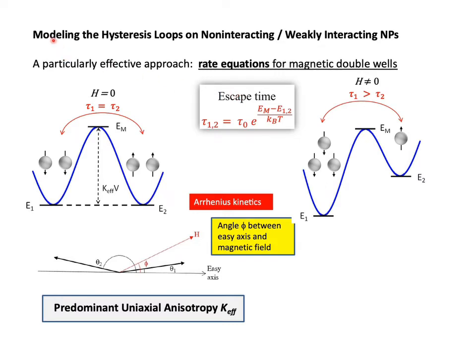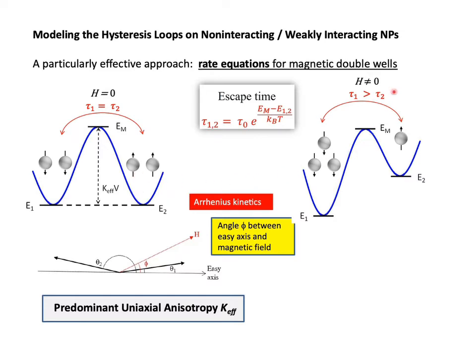The modeling of hysteresis loops exploits a particularly effective approach, which is very simple, and it is the rate equation for magnetic double wells. At zero field, we have two energy positions, equally probable, and the nanoparticles can be equally distributed in these two conditions.